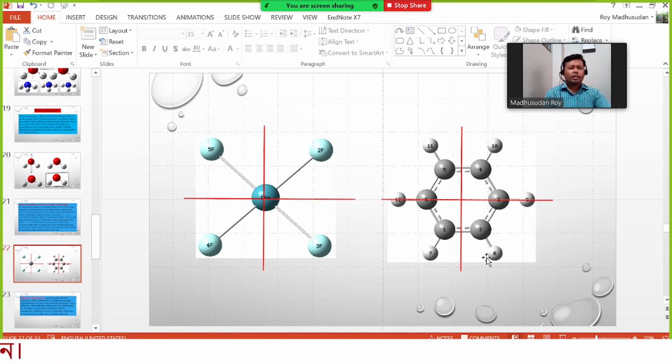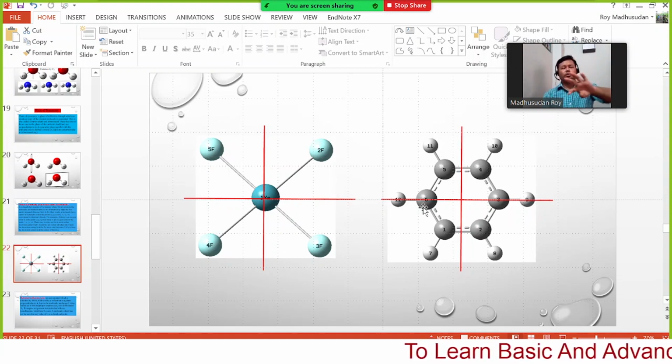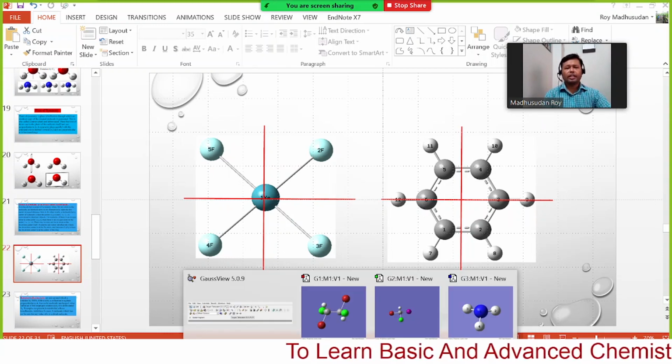This position will come to that position, and that will come to this position, so this can go here, or this can go here.